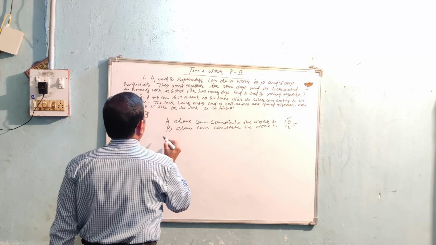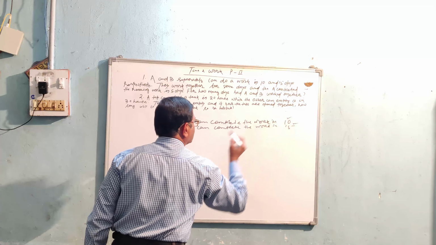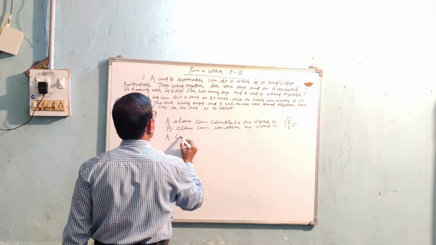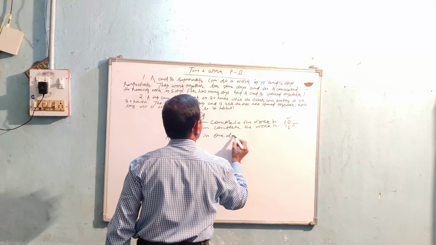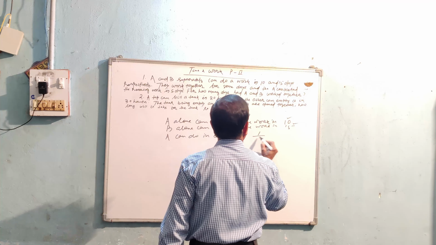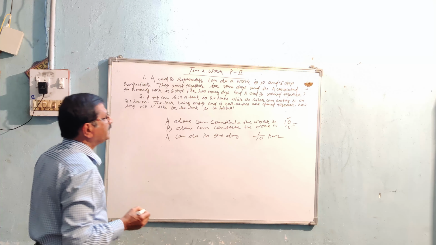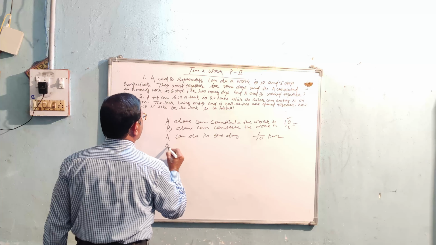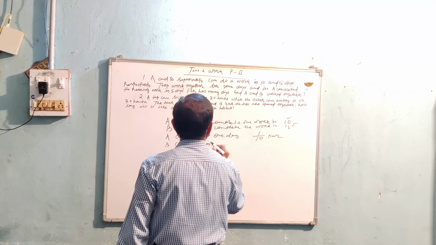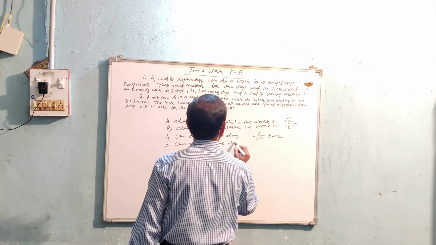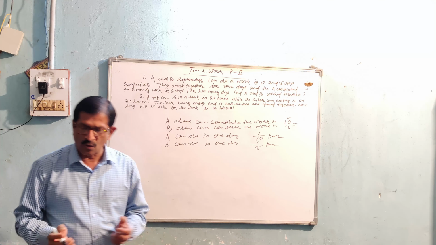Now if A alone can complete the work in 10 days, A can do 1/10 part of the work in one day, and B can do 1/15 part of the work in one day.